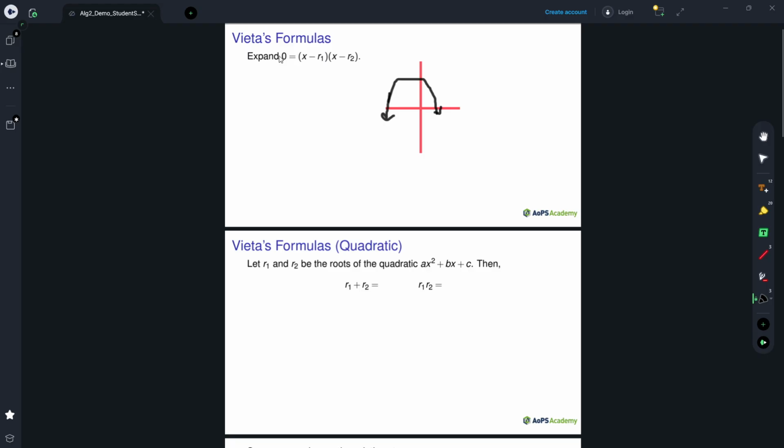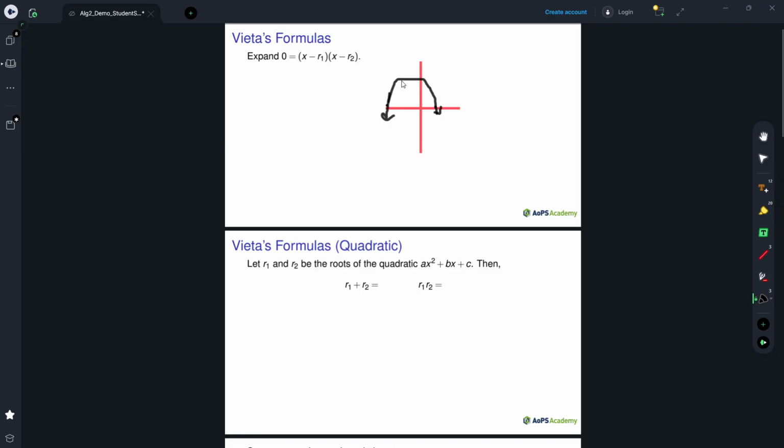But we're setting it to 0. So that means since y equals 0, these are going to be called the roots. So let's say this is 2, and let's say this is -5. One of these, r1, is going to be 2, and another one's going to be -5. Okay?